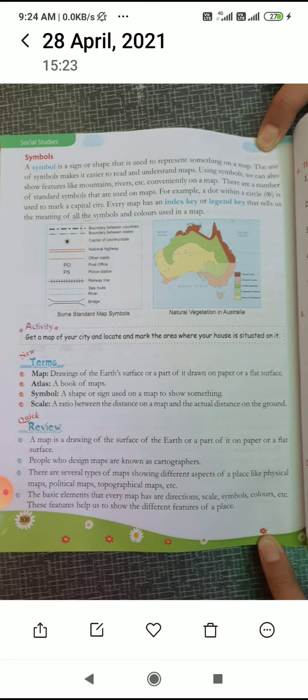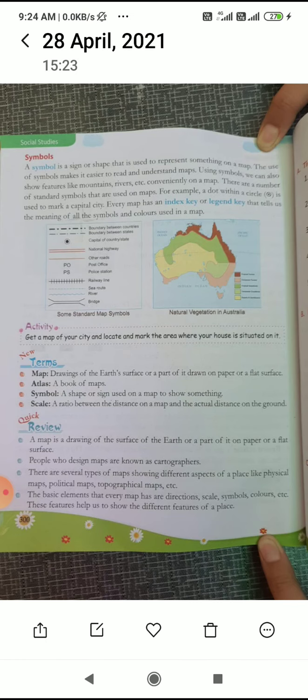For example, a dot with a circle is used to mark a capital city. Every map has an index key or a legend key, and that tells us the meaning of all the symbols and colors used in the map.